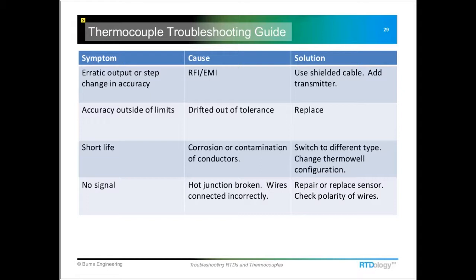One of the most common ways to fix that is just to add a transmitter right at the measurement point, and then you've got this fairly robust 4 to 20 milliamp signal that you're running back to your control equipment. Sometimes even a shielded cable isn't going to be enough to completely eliminate that RFI, EMI type interference if you're running that wire a long distance.